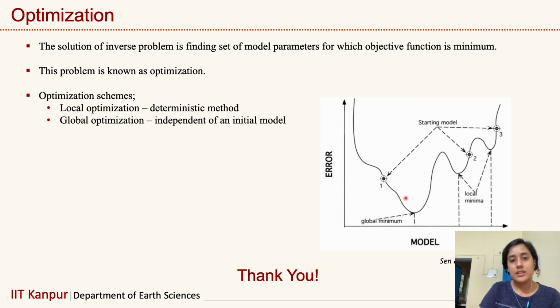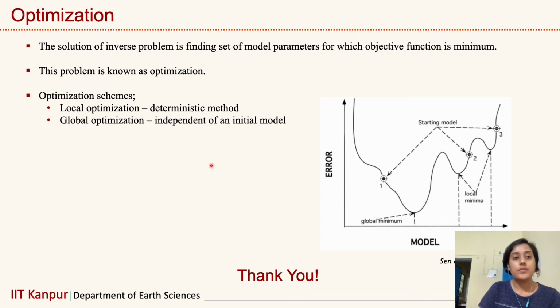Here you can see it's a multimodal objective function where lots of local minima are present, but we don't want our solution to converge at a local minimum. We want to achieve the global minimum so that we can reach as close as possible to the real Earth scenario.